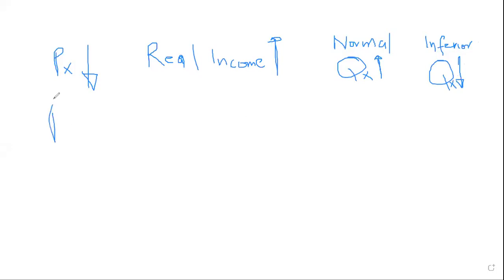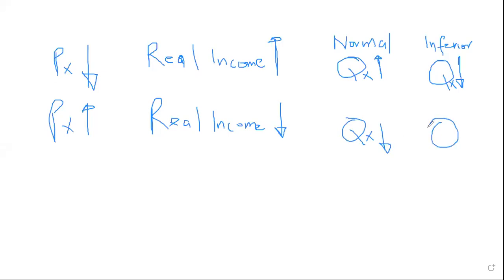The reverse, if the price of X goes up, then we know that real income is going to fall. So real income will fall. And with a fall in real income, if the commodity is a normal good, the quantity will fall.